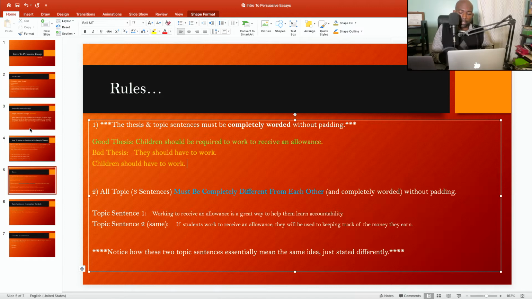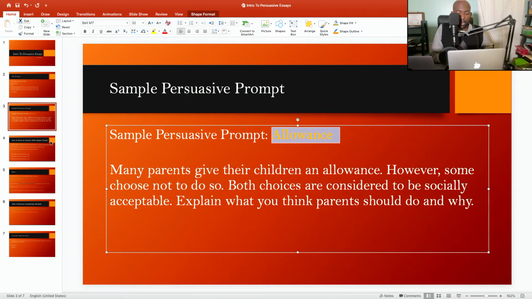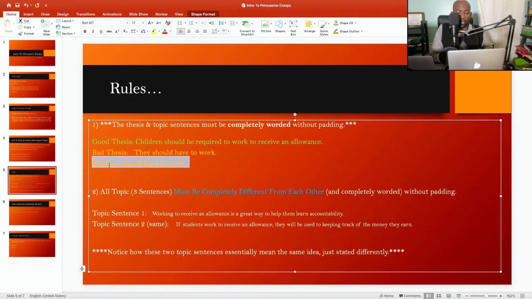Why? Because the topic of my prompt is allowance, right? And notice I didn't even mention the word allowance in this thesis at all. So I'm just going to put children should have to work to receive an allowance, and that fixes it. Okay, that causes it to be better, and it resembles the good thesis now.